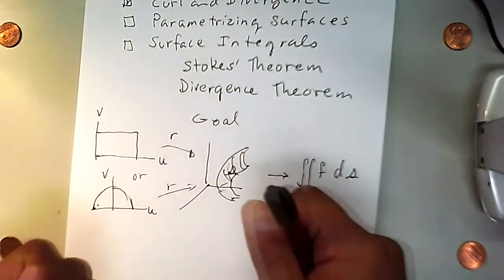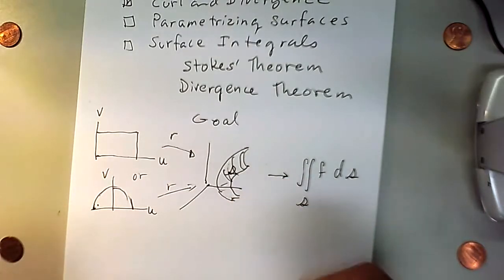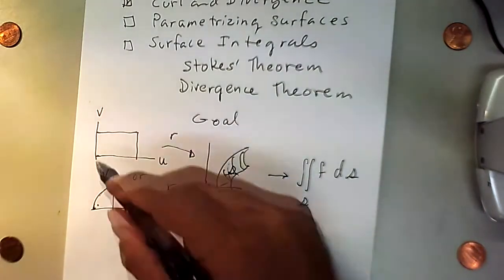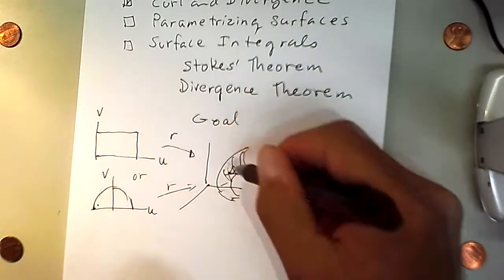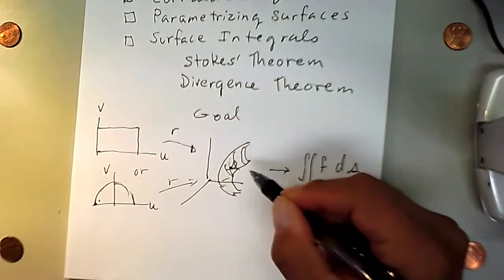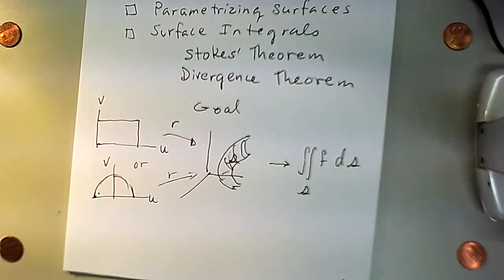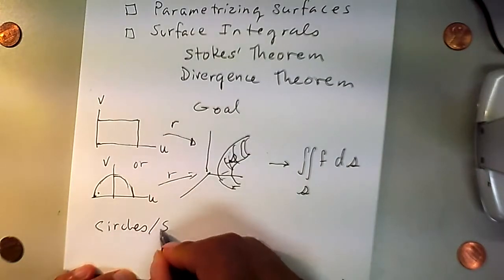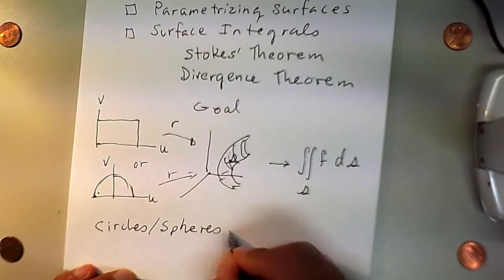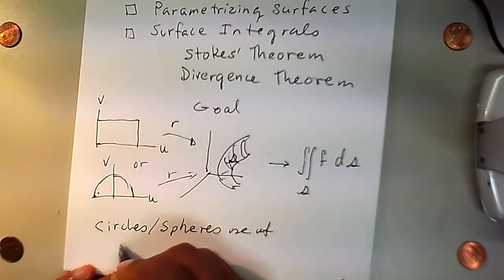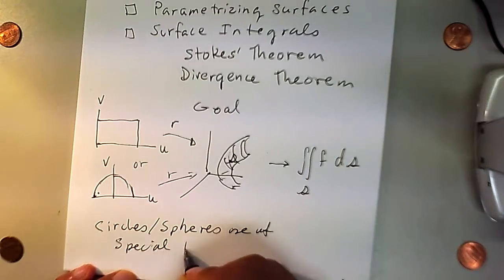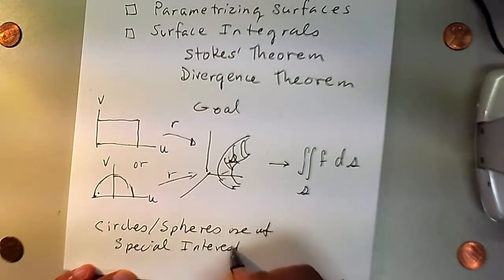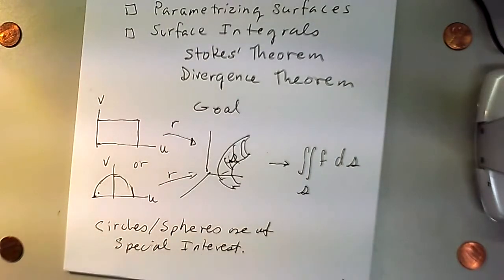So pretend you have more like a rubber band or a little rectangle that you can actually change into something like that. Of special interest, we will have circles. So circles and spheres, for that matter, are of special interest to us.